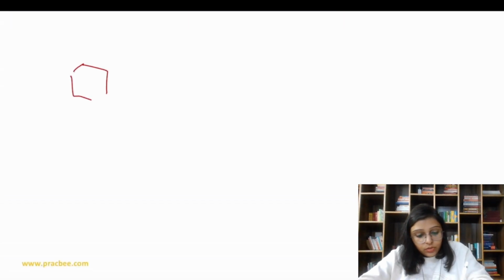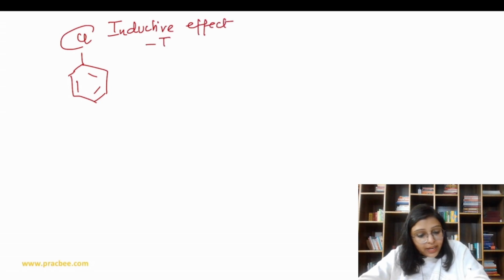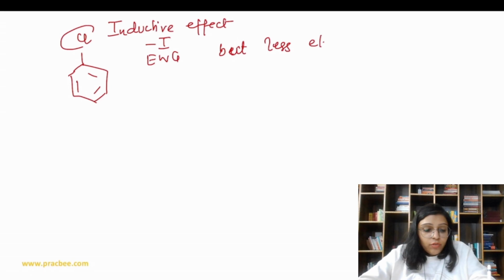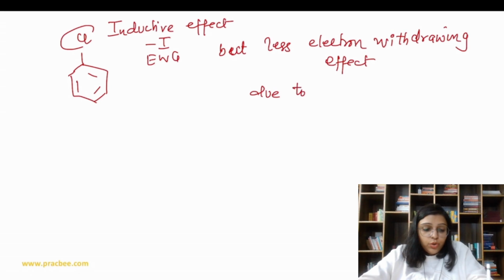So let's do this. We have chlorobenzene. Although the inductive effect dominates over here, so it shows minus I. It's an electron withdrawing group, but with less electron withdrawing effect because of the inductive effect, due to which it is ortho and para directing.